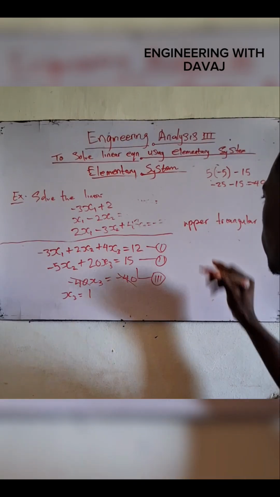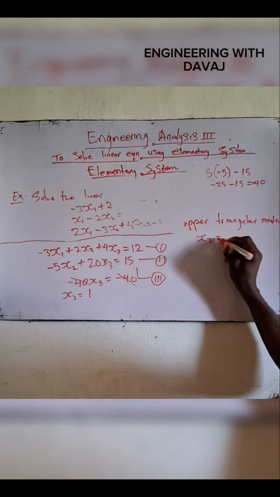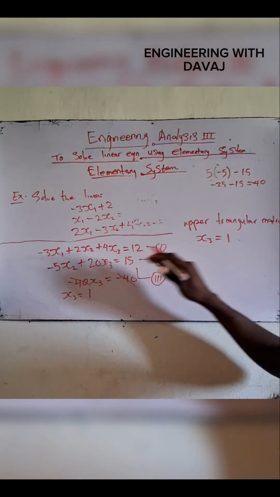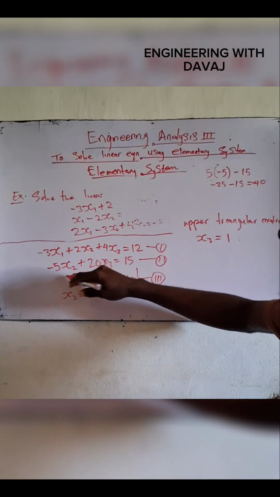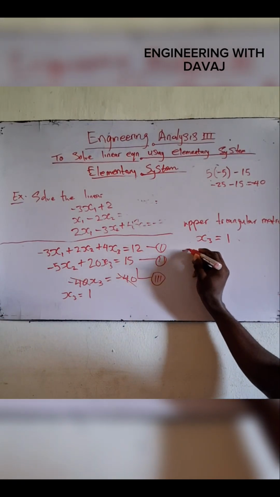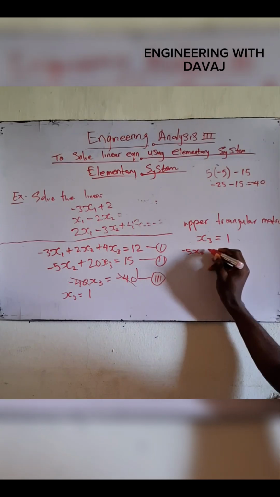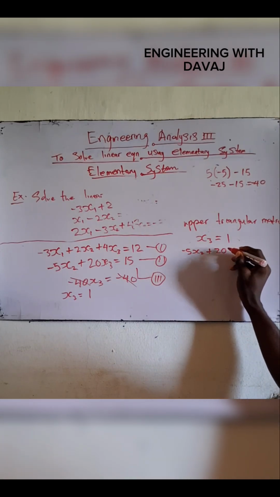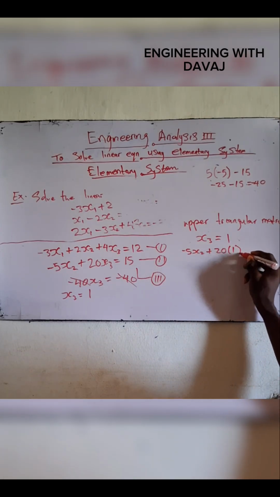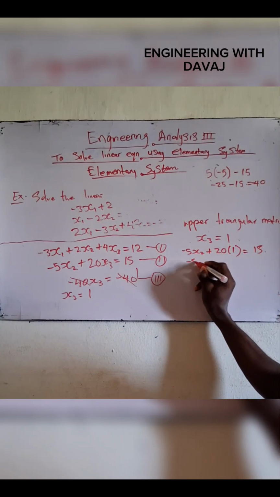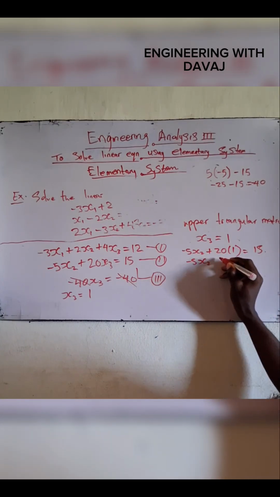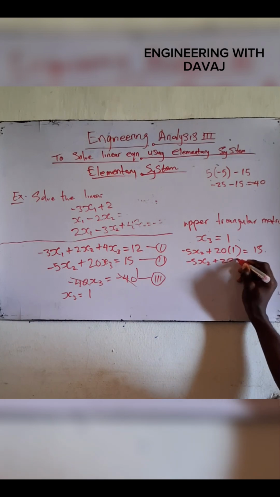So set x3 equals 1. Substituting x3 equals 1 into equation 2 to get the value of x2. I have minus 5x2 plus 20x3, which I set to be 1, equals 15. So minus 5x2 plus 20 equals 15.